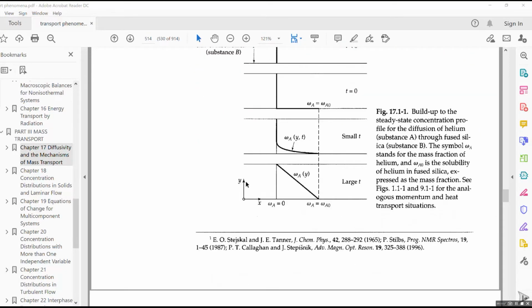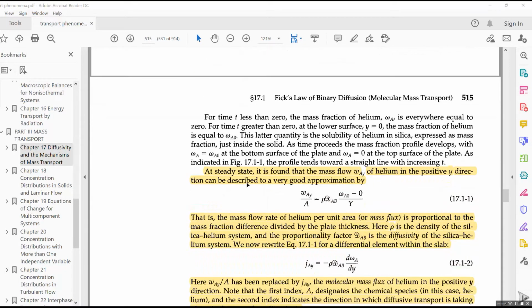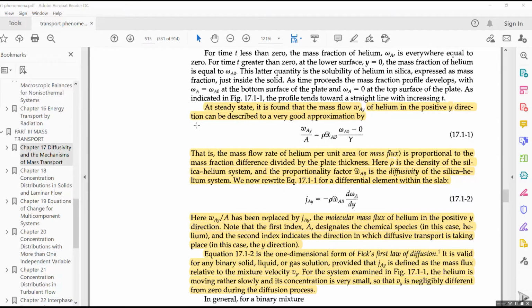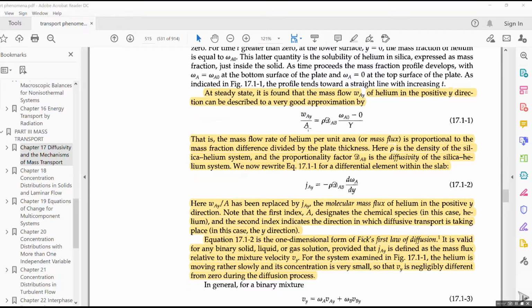Then, similarly to chapter 1 and chapter 9, we can define this mass flow of A per area by the equation on the right side.